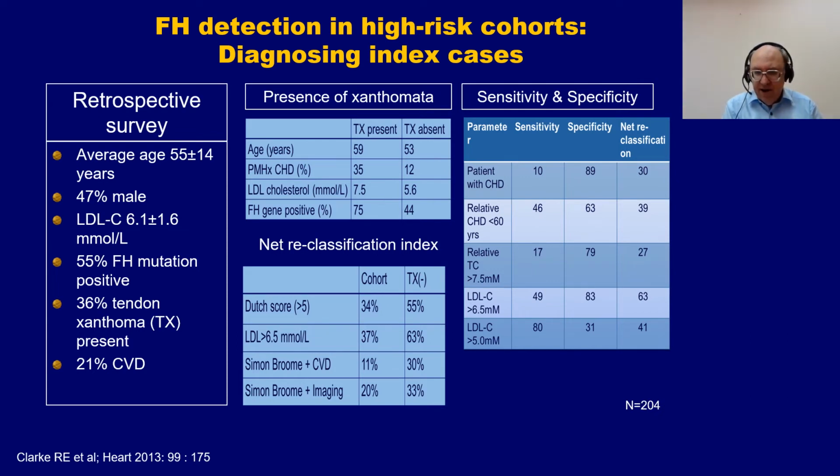Histories as provided by primary care, unfortunately, are not detailed enough and don't give you what you need to do an accurate risk scoring about 2/3 of the time. You then have to question patients about what their cholesterol levels are and what their relatives' cholesterol levels are. If they don't know the number, actually, it's not helpful. You can't use the risk scoring systems like the Dutch scoring system to get any useful information.